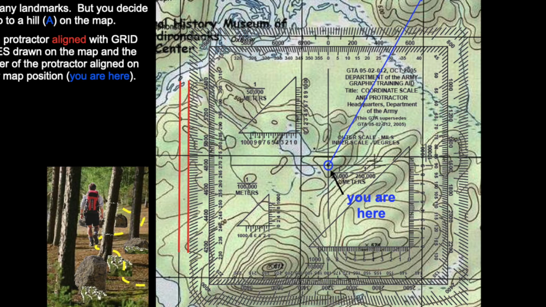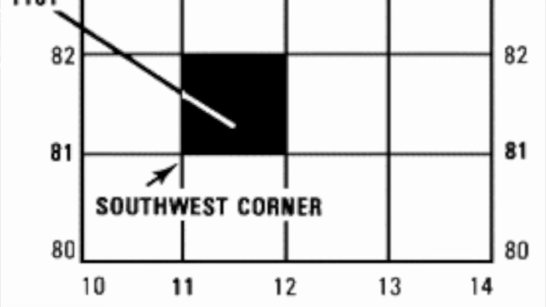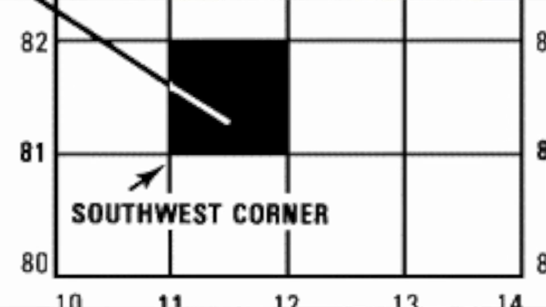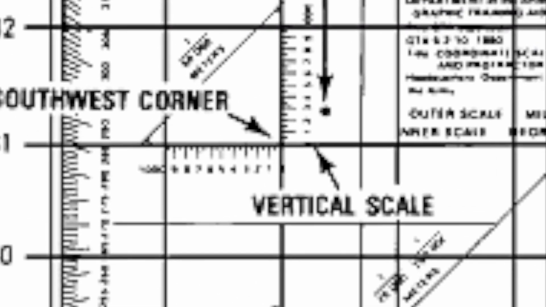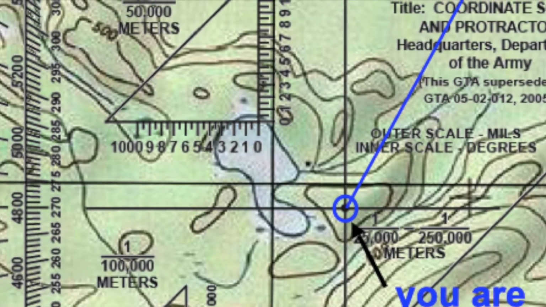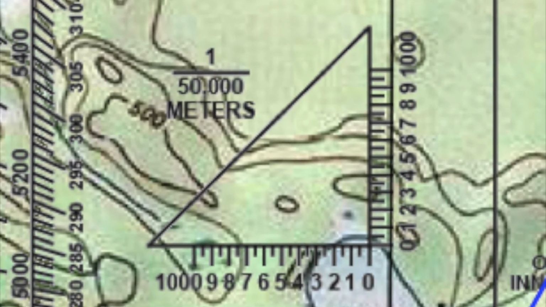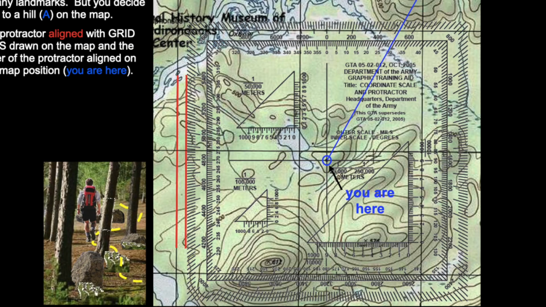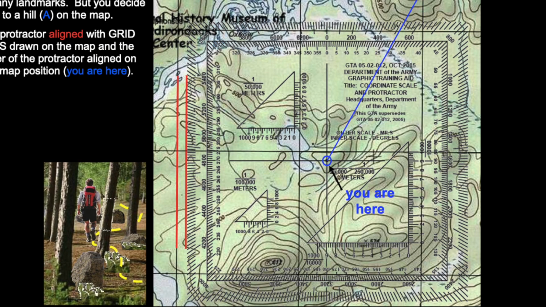That's how you're measuring distance on the map, right? Because each of those grids on a military topographic map, each of those grids are 1,000 meters by 1,000 meters, right? You'll start at the bottom left hand corner of your grid box, and you'll put the 0, 0 lines at the bottom left hand corner of the grid box, and then you'll slide it over, and then you'll peek at the spot that you want to see on that vertical line, and then you draw a little dot.